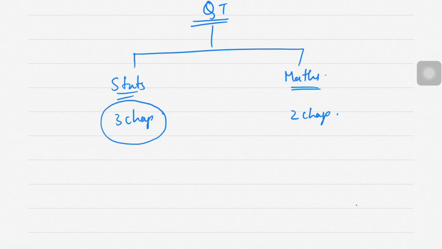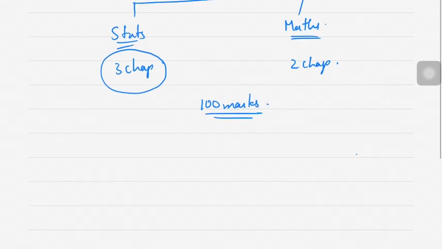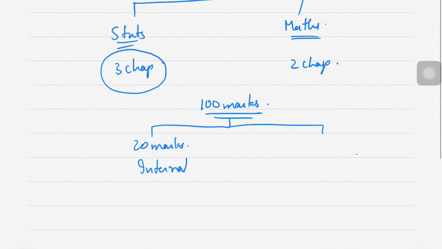And let me tell you about the allocation of marks. This subject is for 100 marks. 20 marks is for internals and 80 marks is externals.